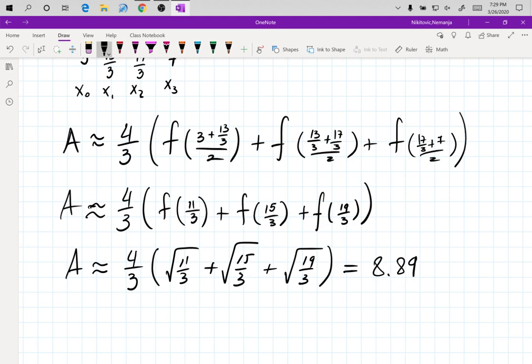And the computer gives a value of 8.883. I mean, come on, right? We are talking a fraction of a cent off with this method. And all we did is arithmetic. We did not do any calculus.